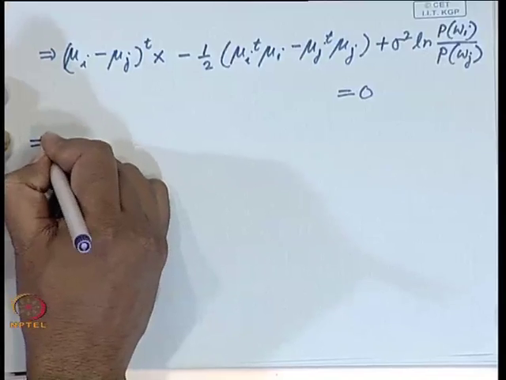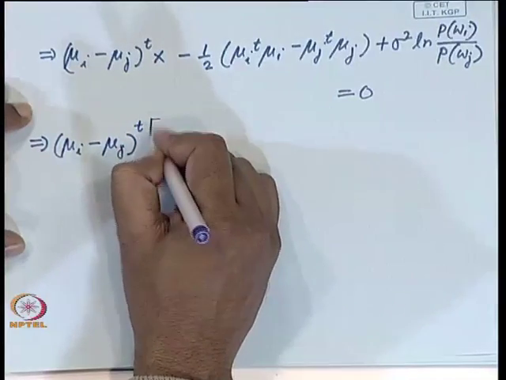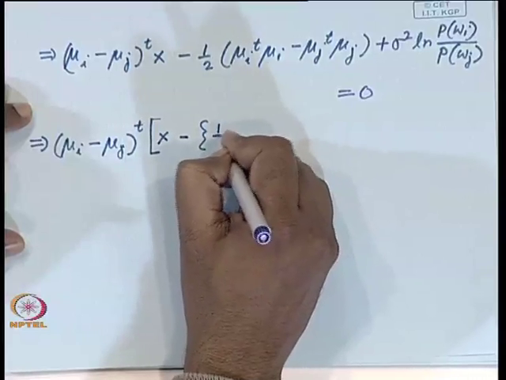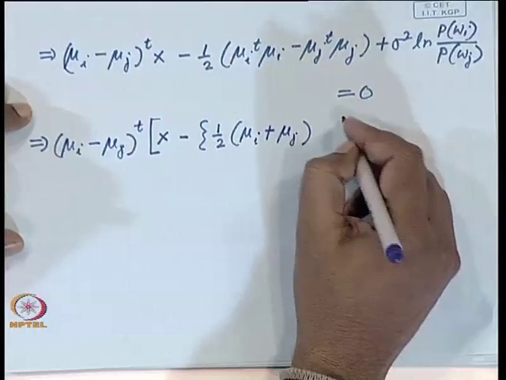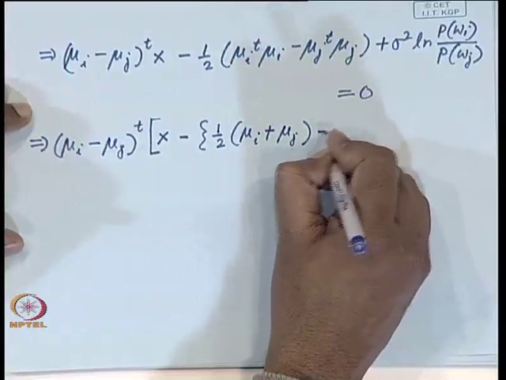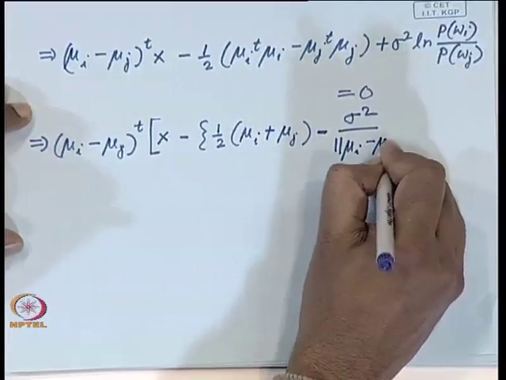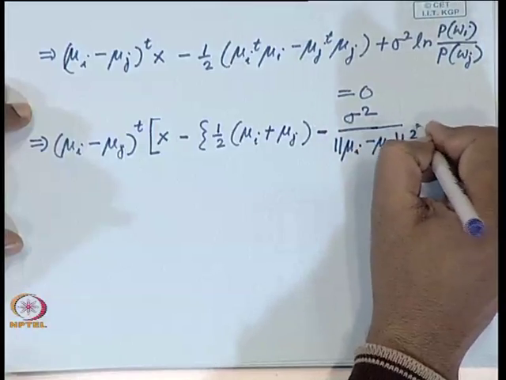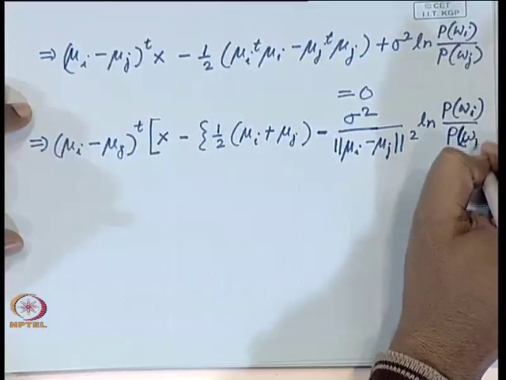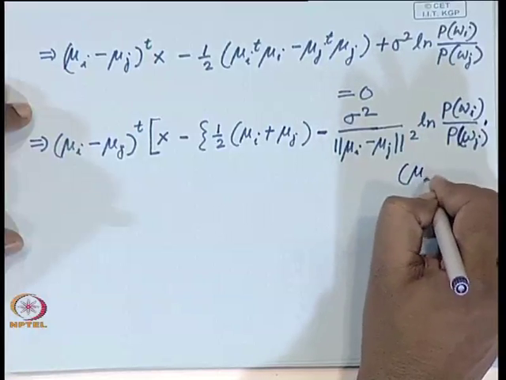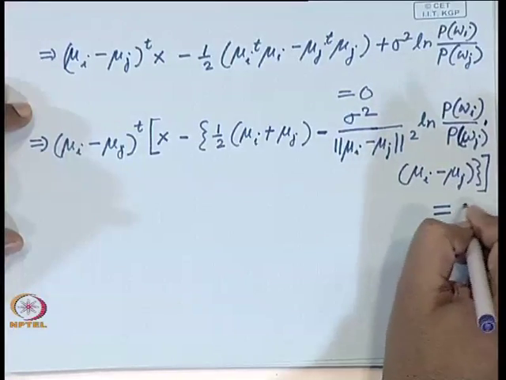I can write it in the form (mu_i minus mu_j) transpose into x minus half of (mu_i plus mu_j) minus sigma square upon the square of the norm of mu_i minus mu_j, times log of the ratio of the priors, and this is equal to 0.